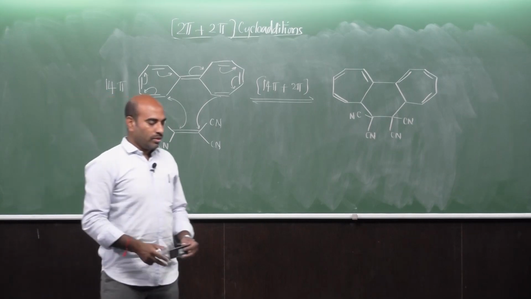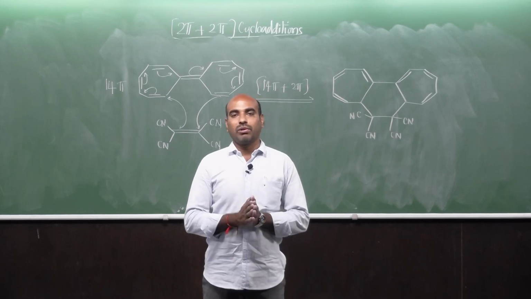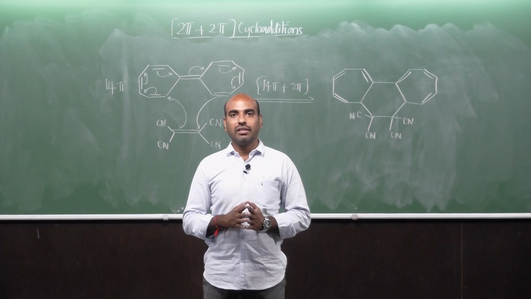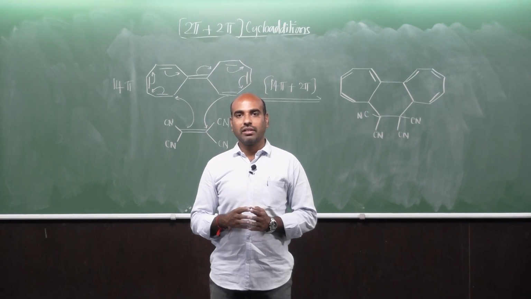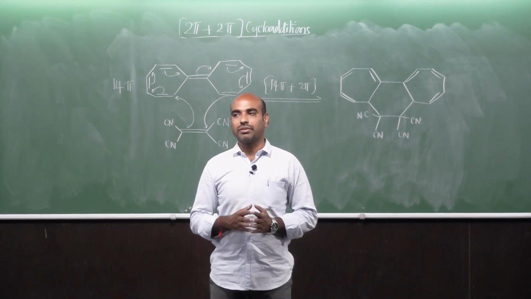Okay. So, with this we close the 2π plus 2π cycloaddition reactions. Of course, there are so many other examples. With 2π plus 2π cycloaddition reactions, I would request you to please follow textbooks like Pericyclic Reactions by Professor S. Sankararaman. You can see a number of examples, please try to work them out, right.